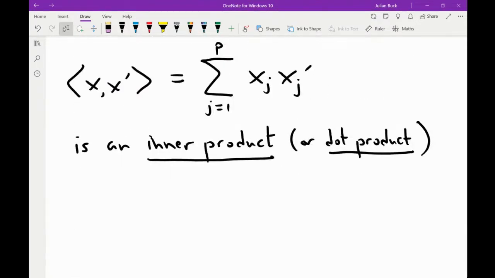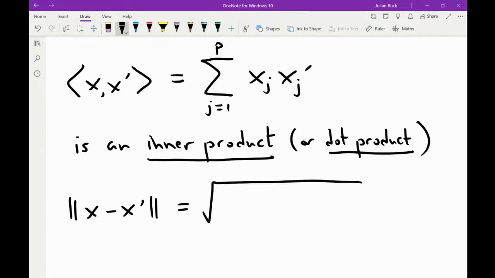Now, when we have an inner product, it allows us to define a form of distance, in other words, a size of elements. So when we write x minus x prime in double bars, this is given by the square root of the inner product of x minus x prime with itself.